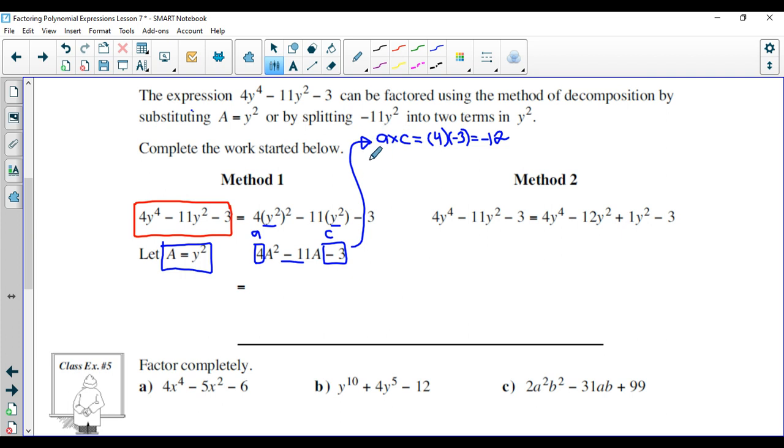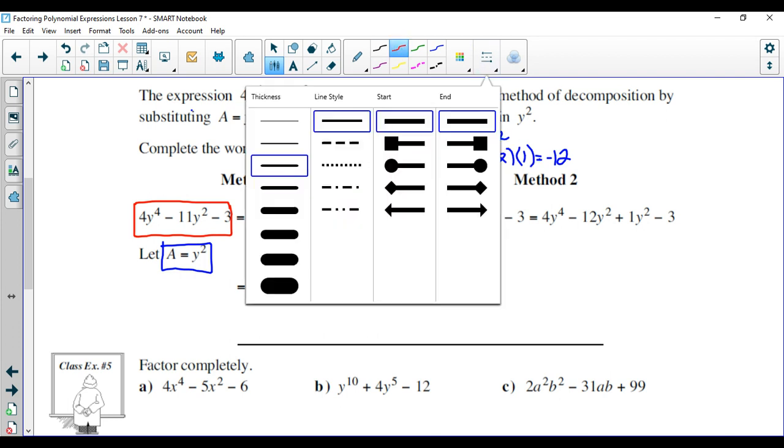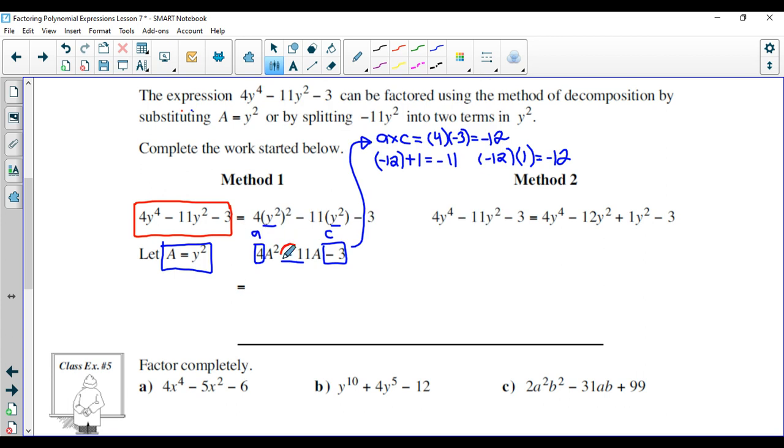So if we write that out, it would be negative 12 plus 1 would be negative 11, and then negative 12 times 1 would give you negative 12. Okay. So now the way the decomposition works is you take the middle term, which is negative 11, and then you break it into two parts, where the first part's going to be this number, the negative 12, and the next number is going to be the positive 1.